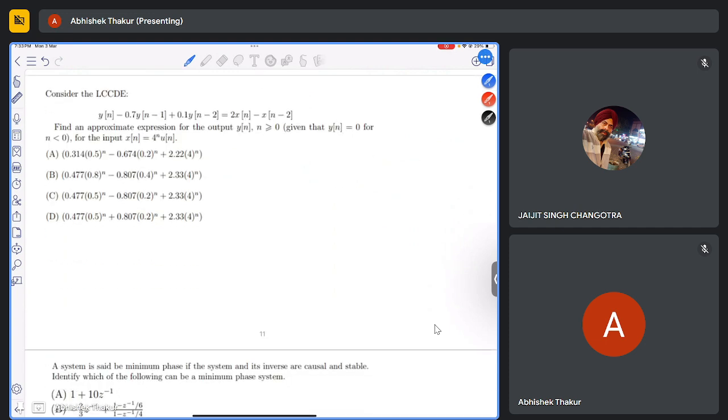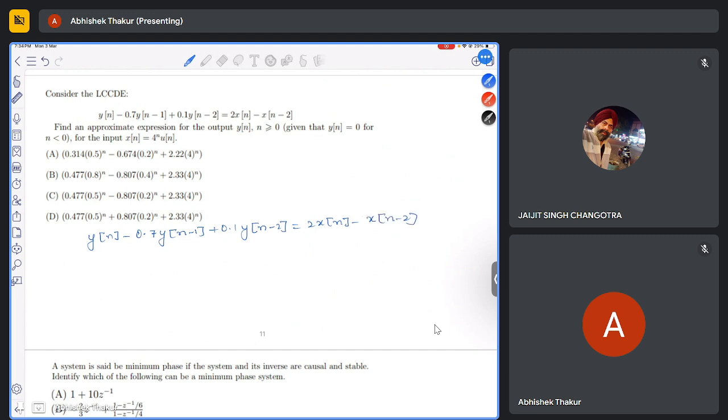So now we'll move on to the next question. Again, this question is on linear constant coefficient difference equations. Here you can see these are all constant terms and this is the difference equation. This equation is given as y of n minus 0.7 y of n minus 1 plus 0.1 y of n minus 2 is equal to 2 x of n minus x of n minus 2.